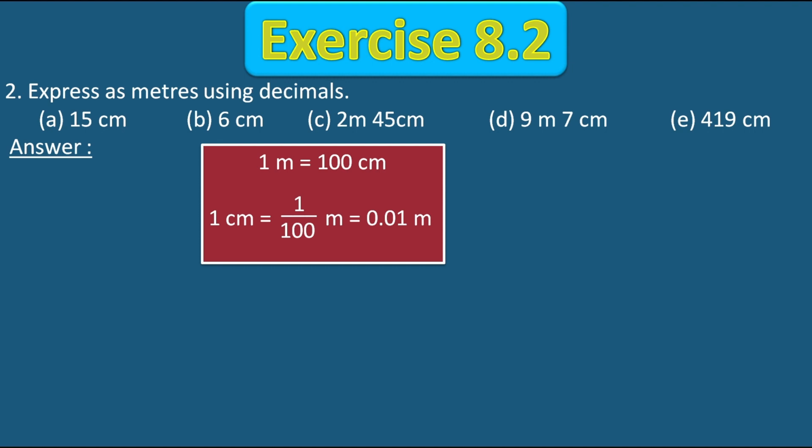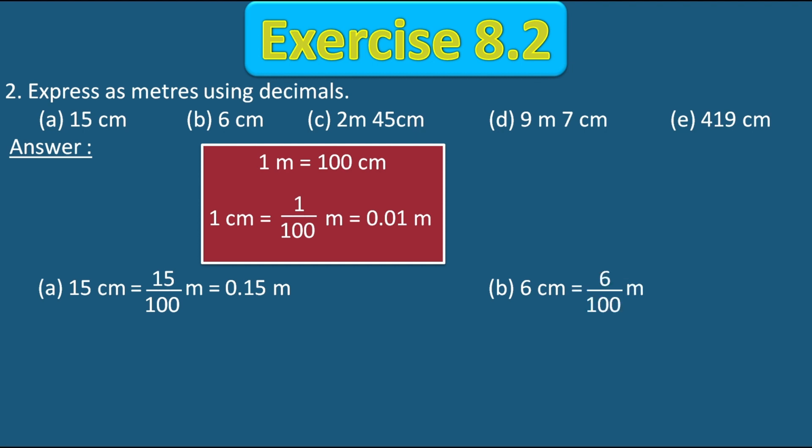Now we have first one as 15 centimeter. As I have written here, 1 centimeter is equal to 1 upon 100 meter. Therefore 15 centimeter is equal to 15 upon 100 meter. Now let's convert it into decimal. So it will become 0.15 meter. Now next one we have 6 centimeter. So it can be 6 upon 100 meter, which is equal to 0.06 meter.